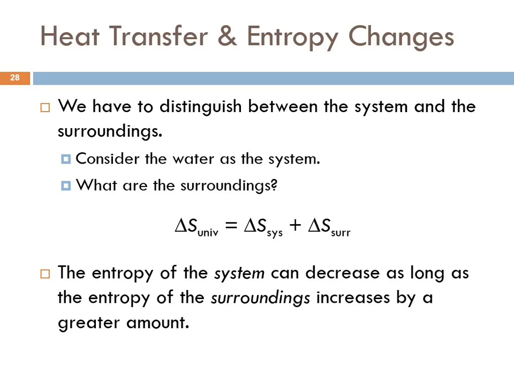Everything else, the rest of the universe, is the surroundings. This is a very big piece here. So that's a lot. So, the second law of thermodynamics says the entropy of the universe increases in a spontaneous process.